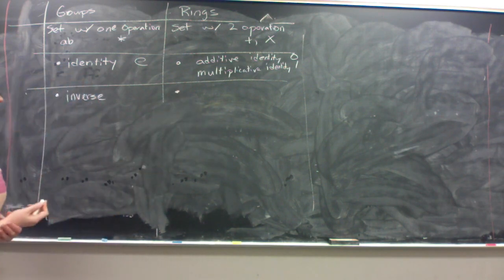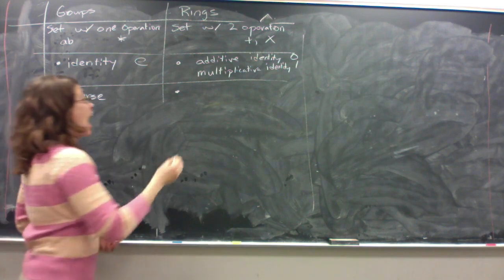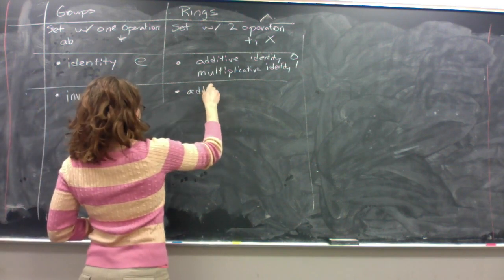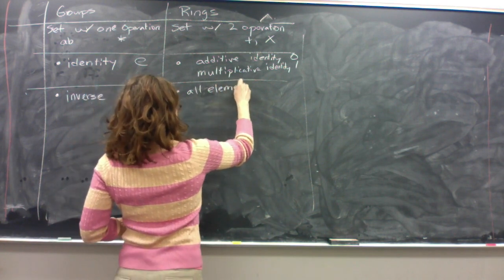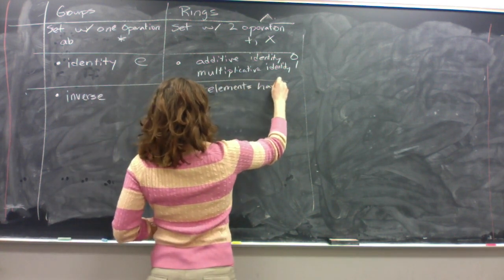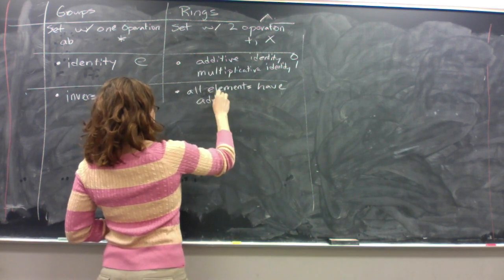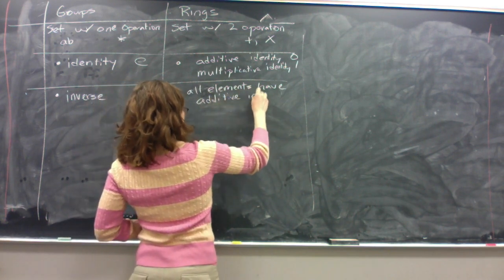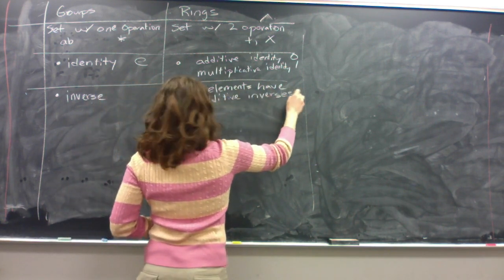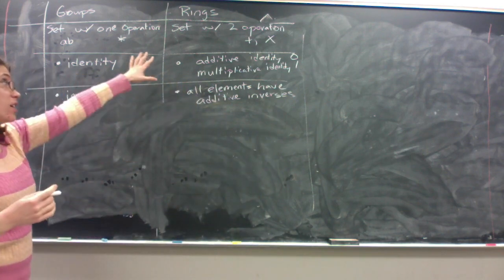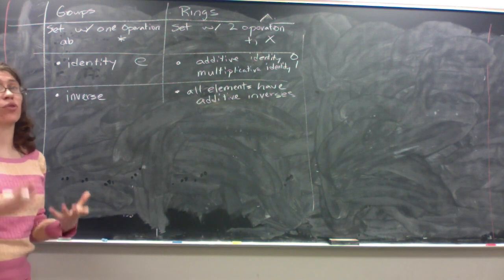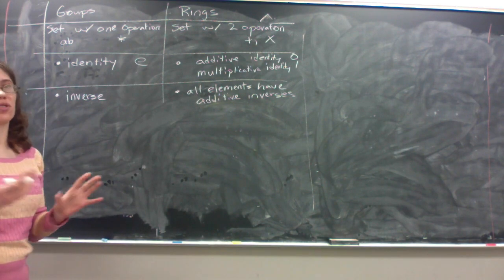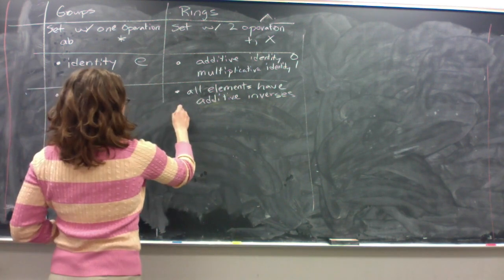When we looked at rings, all elements had additive inverses. But it was not the case that in a general ring all elements had to have multiplicative inverses. That was only true in fields, assuming our ring was also commutative.